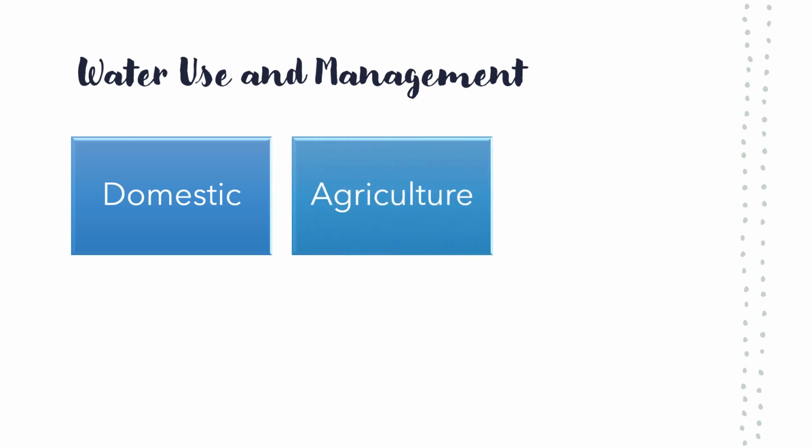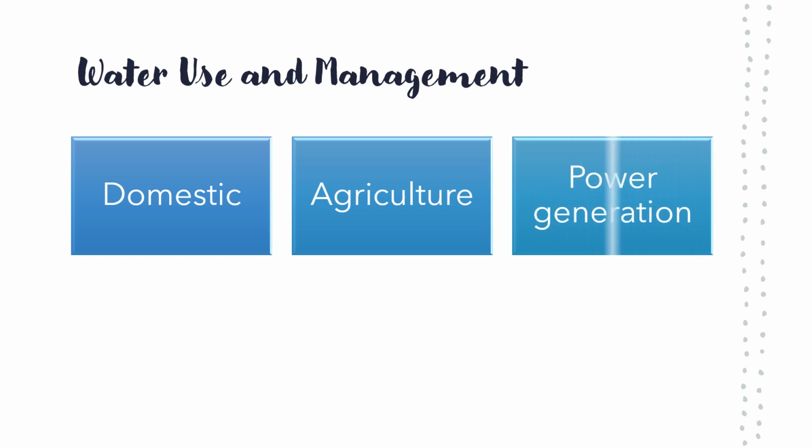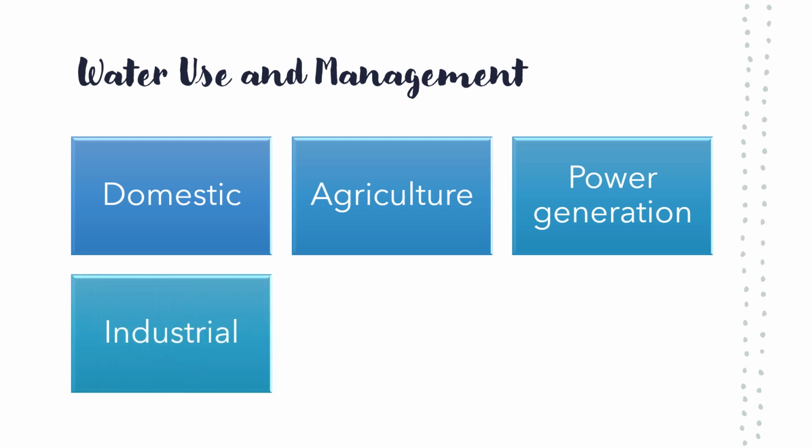When we say agriculture, it means that water is used for irrigation for producing crops. It can also be used for power generation. So in this case, water is used to produce electrical or mechanical power. It can also be used industrially, wherein in this case, it is used in producing consumer and industrial products.